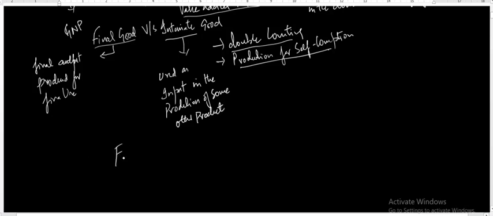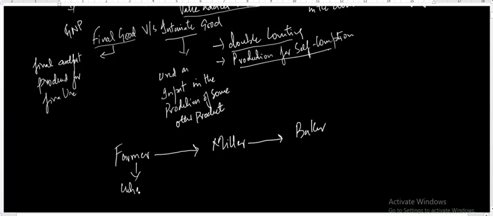I have this farmer, then I have this miller, and then I have this baker. Now say this farmer grows wheat, and this wheat is taken by the miller to process it and make flour, and finally this flour is processed by the baker to make bread.